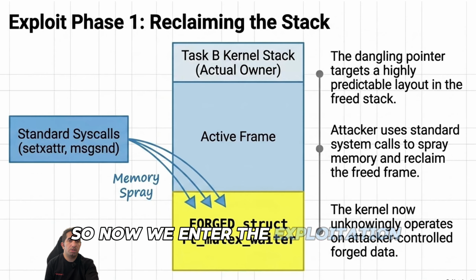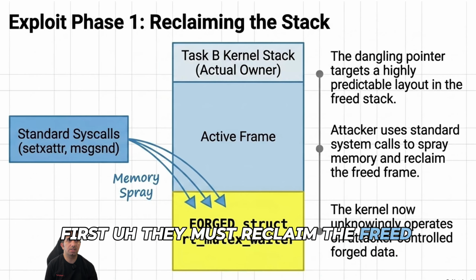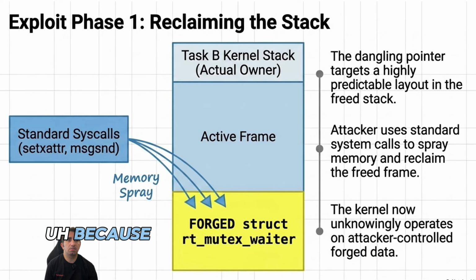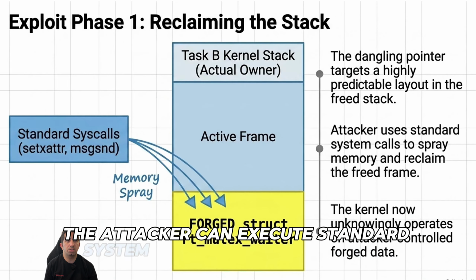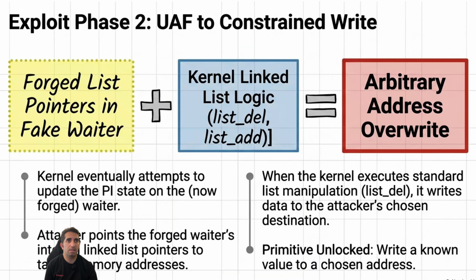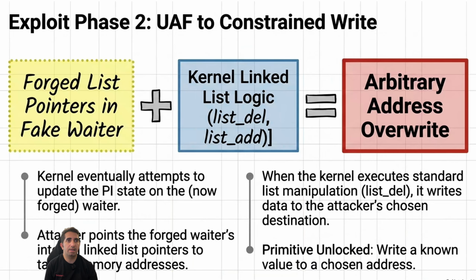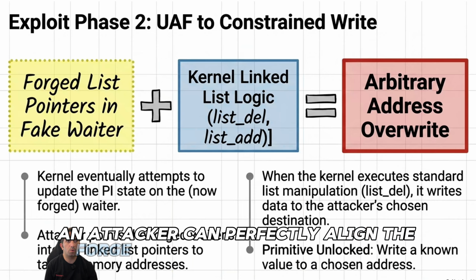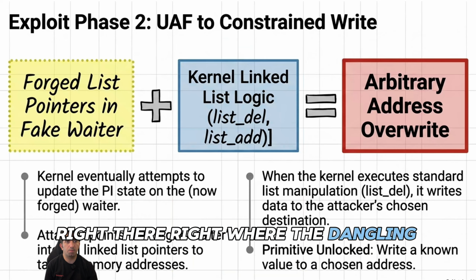So now we enter the exploitation phase. How does an attacker weaponize a dangling stack pointer? First, they must reclaim the freed stack space, because the kernel stack layout is highly predictable. The attacker can execute standard system calls such as setxattr or msgsnd to perform a memory spray, and by spraying controlled data over the recently freed stack area, an attacker can perfectly align a forged rt_mutex_waiter structure right where the dangling pointer is looking.